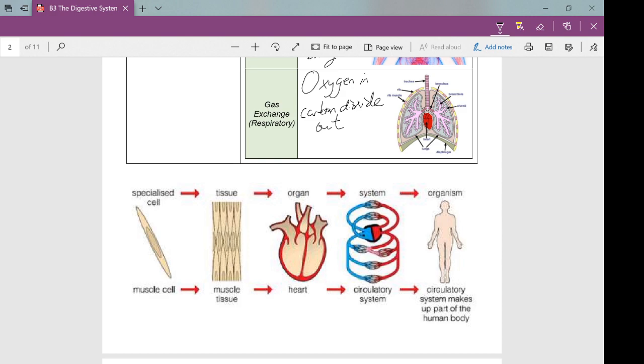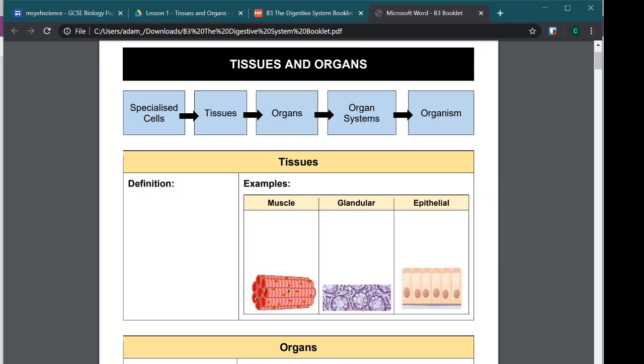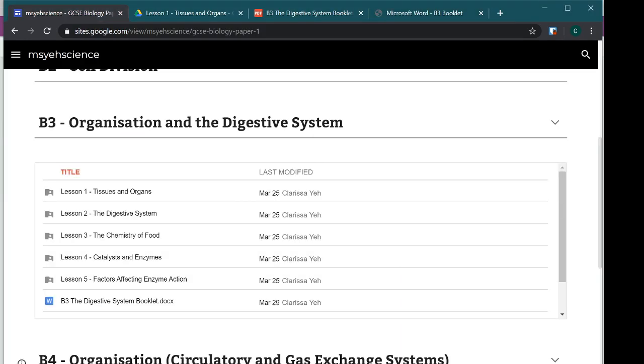So when it comes to the task for today, if you go on the website, once again, the link I have put in the chat box, you click on Lesson 1, Tissues and Organs.